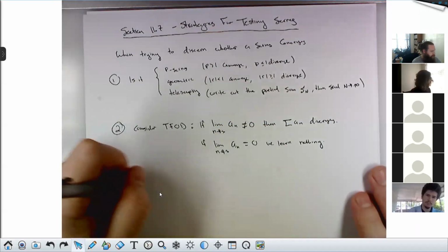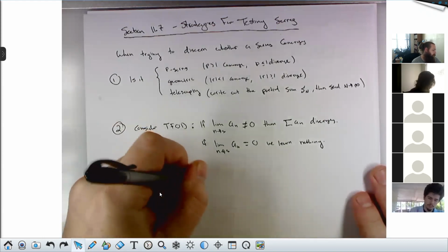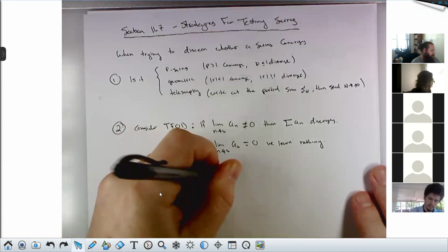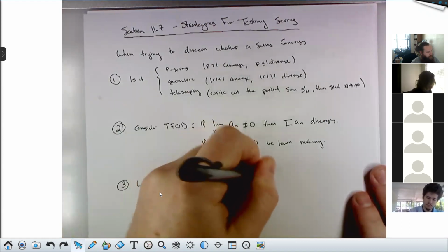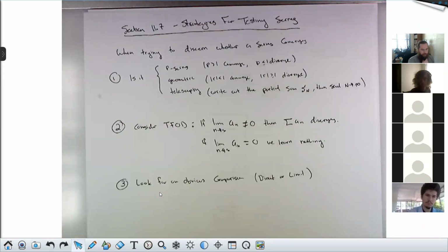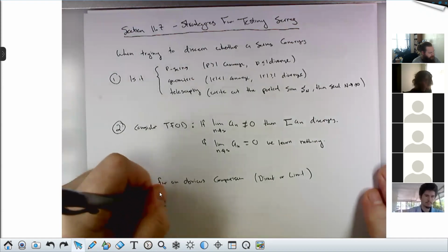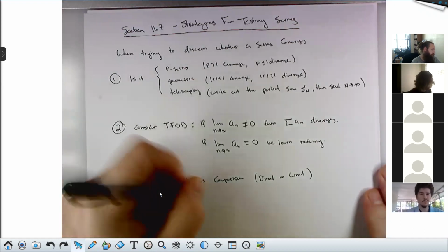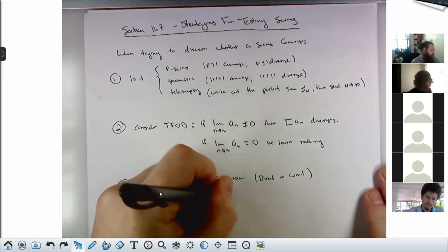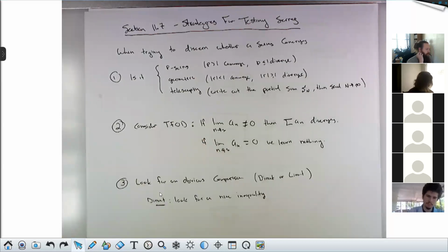And this is where you look for an obvious comparison, either direct or limit. That means you're looking for a nice inequality, like the thing that was mentioned in the Discord earlier today, 4 over n squared plus 25.